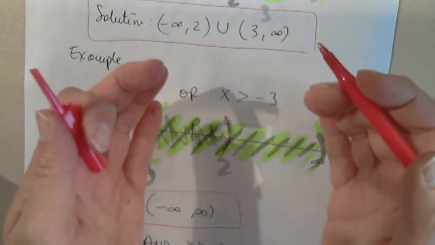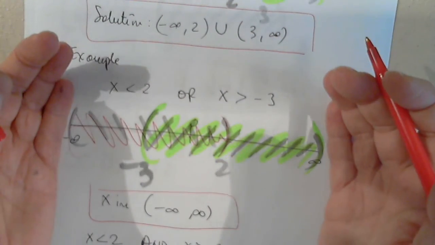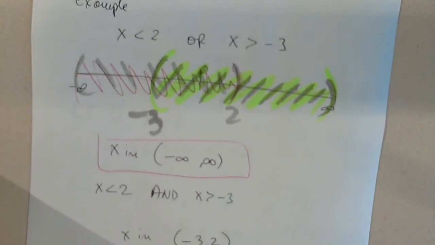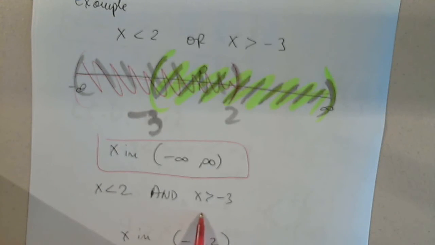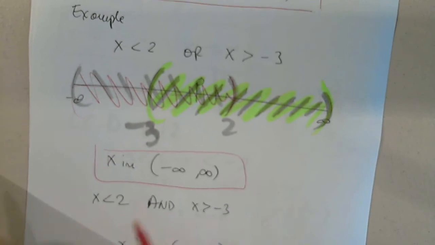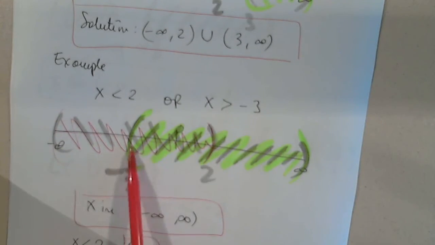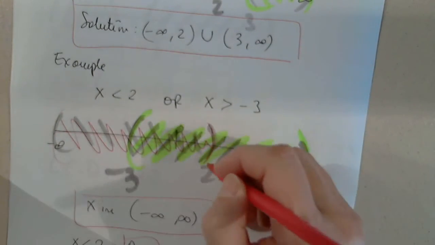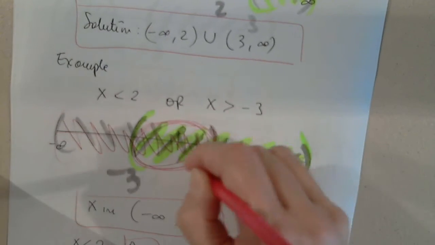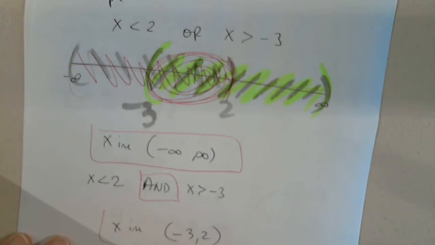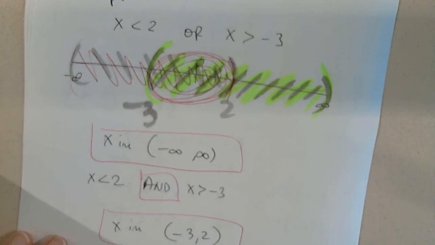Now, if I'm asked to determine the intersection of less than 2 with greater than negative 3, the intersection is right in here. These are indeed the common elements between negative 3 and 2.